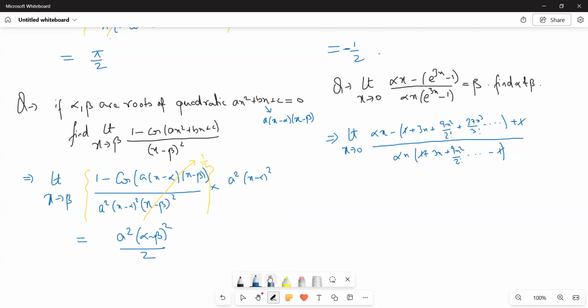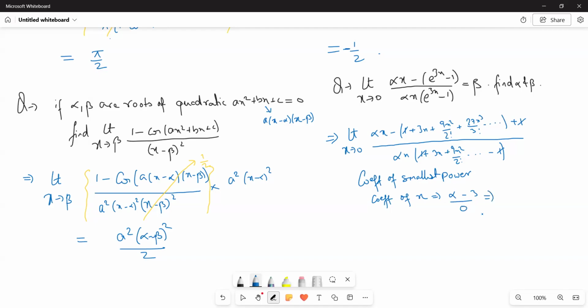And since we have a limit x tending to 0 rational function, we need the coefficient of the smallest power. So what is the smallest power right now? We need the coefficient of x. So here alpha minus 3, and in the denominator it is 0.